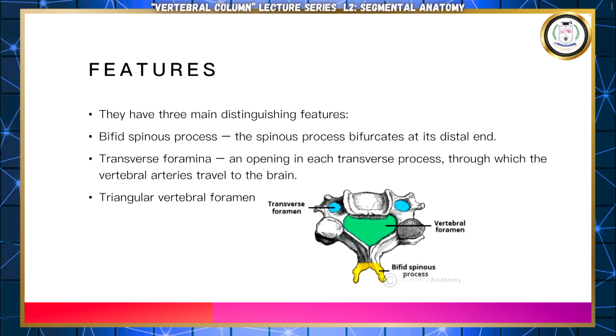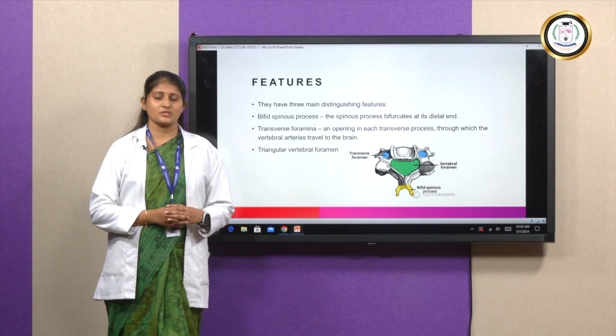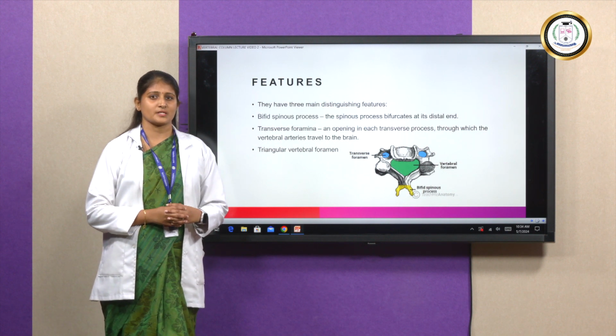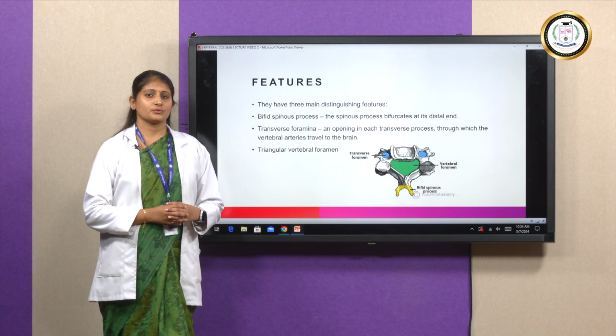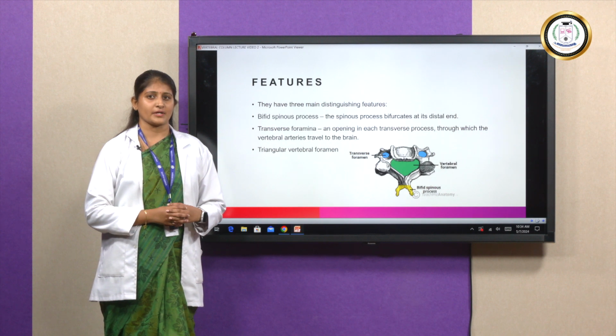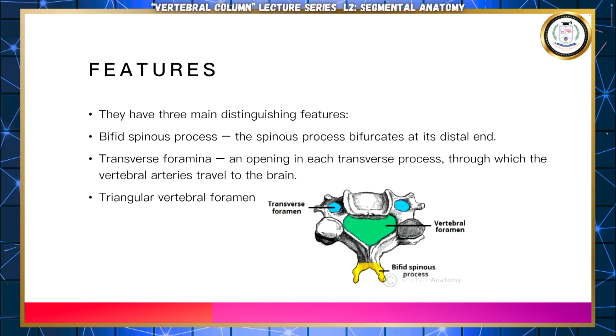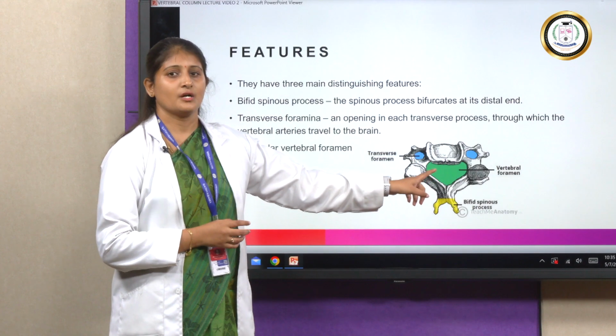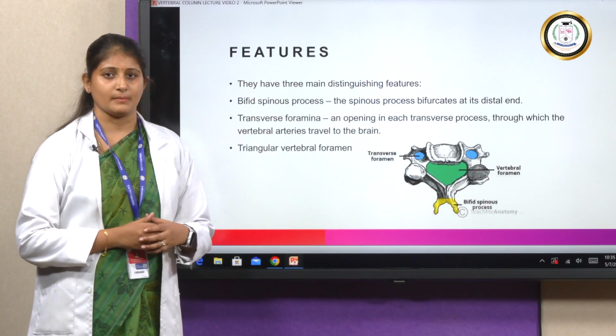They have a bifid spinous process, and then they have a transverse foramen, which is a foramen present on the transverse process of each vertebra. Through that foramen the vertebral artery enters, and then we have the vertebral foramen, which is the central foramen through which the spinal cord runs from the cervical till the lumbar region.